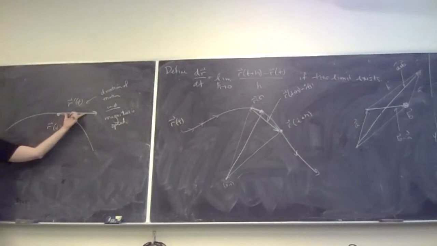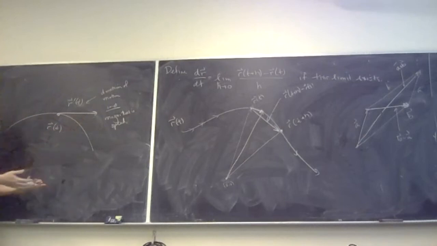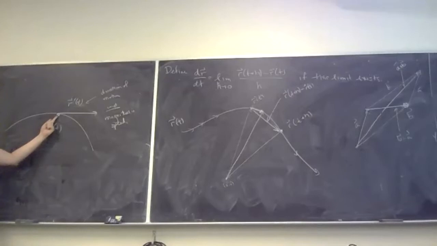So the magnitude of this vector is going to measure how quickly the particle that makes this path is traveling. This is an incredibly important vector. Now, they don't do this until 13.3, but I think it's important to see what the motivation is here. The reason why we want these tangent vectors is because they tell us what direction the curve is tangent to, but also the magnitude of the vector that comes out contains information.